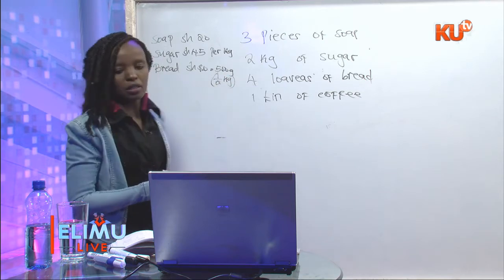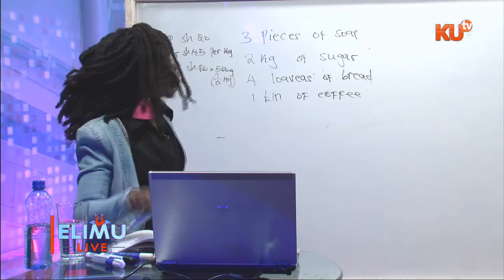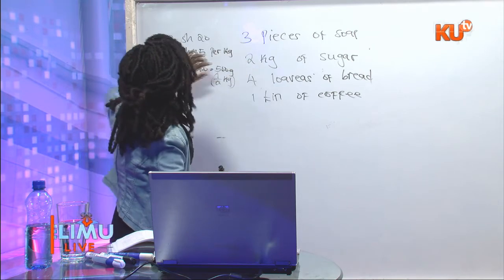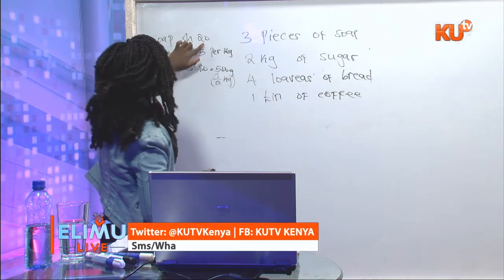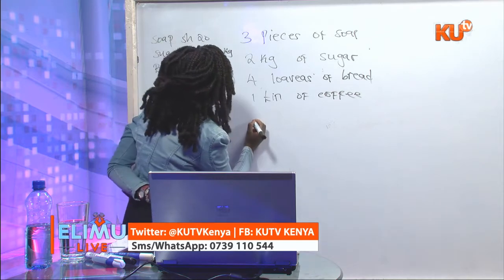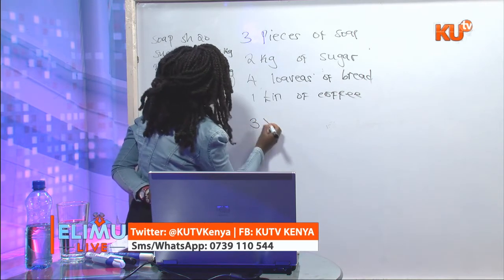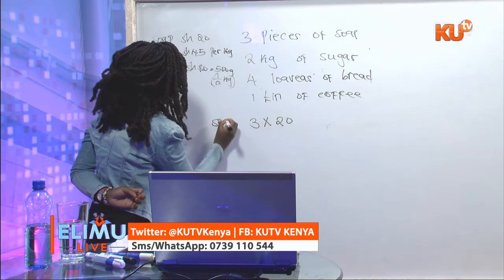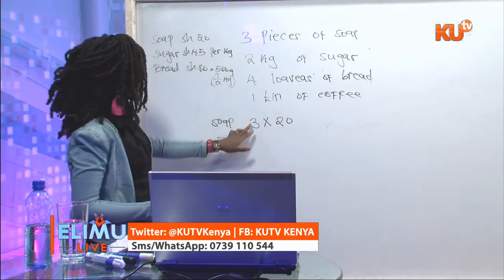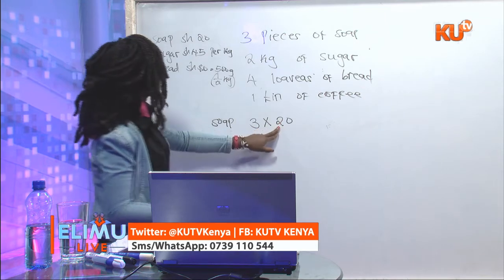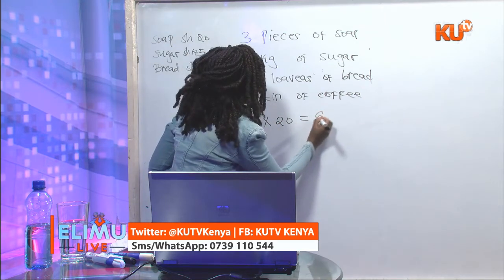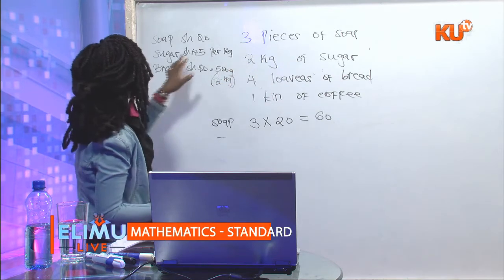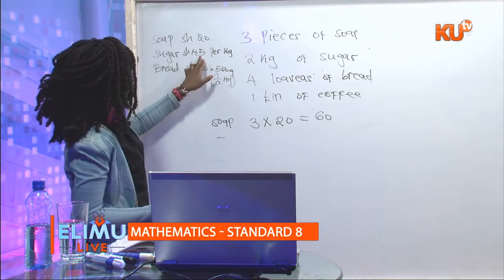So let's prepare her bill. We see how much she paid. So 3 pieces of soap, and a piece of soap costed 20 shillings each. So we are going to take the 3 pieces times the cost of 1 piece. This is soap. So 3 pieces times 20 shillings per piece. Here we get 60 shillings. The other one is 2 kgs of sugar, and 1 kg costed 45 shillings.